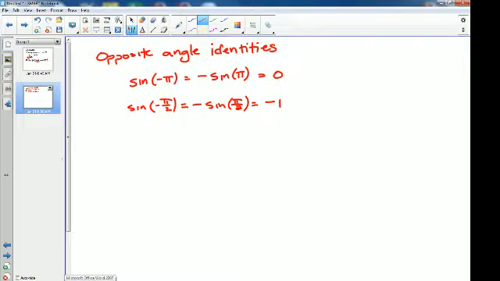So this is one of the opposite angle identities, is that sine of negative a equals the negative sine of a. If you want to generalize it. This is because sine is an odd function. I haven't shown you that, but if you see the word odd or even function, that's what it is.